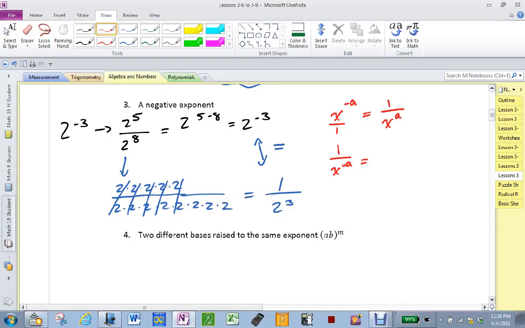Where does he go? Where? Back to the top. So this becomes x to the positive a, and it changes. Is everyone cool with that? Yeah? Because we remember, a negative exponent makes no sense, yes?